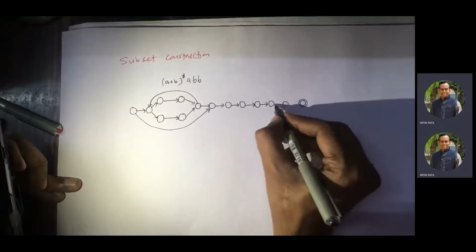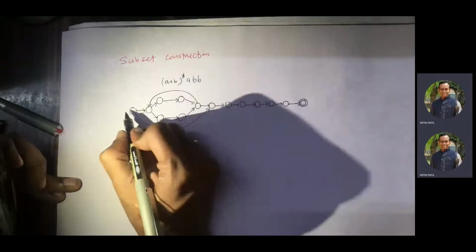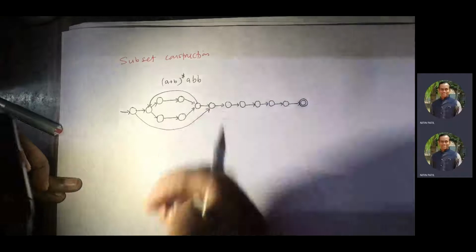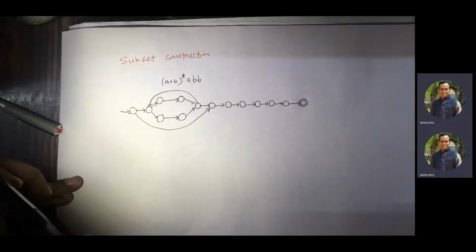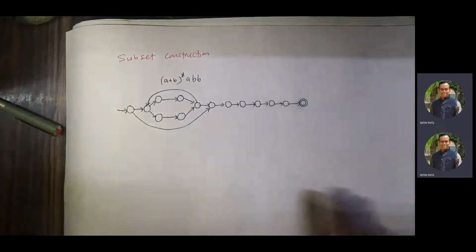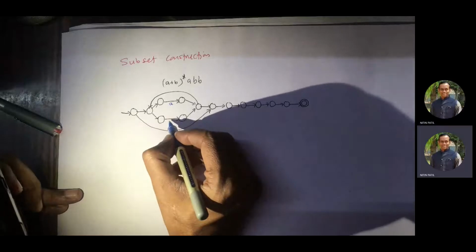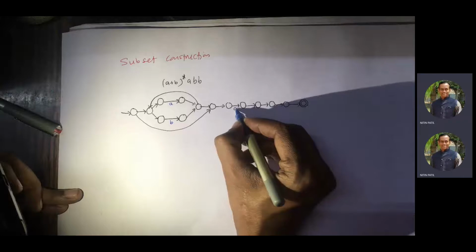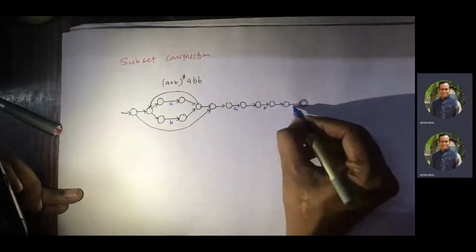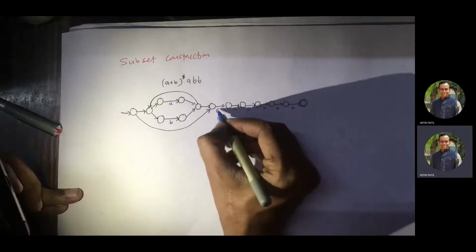So now we are familiar with how exactly this conversion would be. The more examples you start solving, the more idea you get of exactly how to convert a regular expression to an NFA. So let us label this. We have A, then B, then A, B, and B. These all are epsilons.